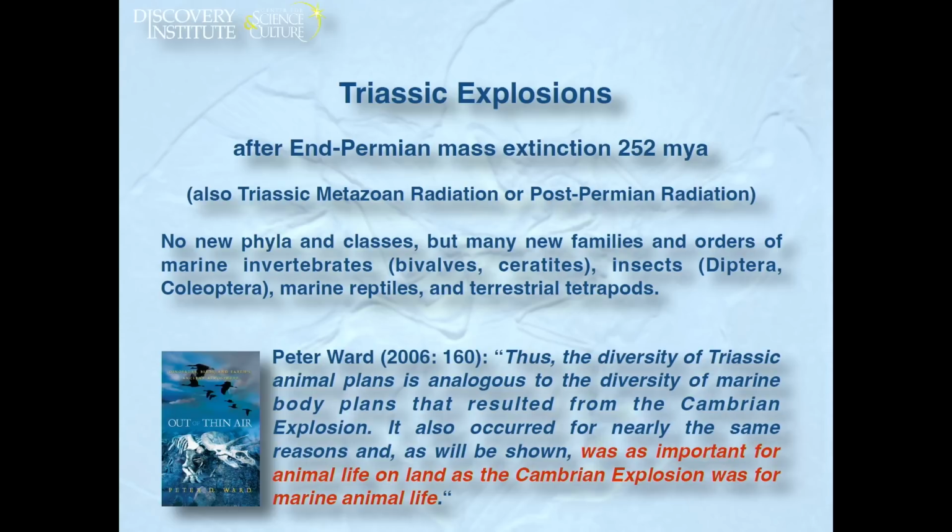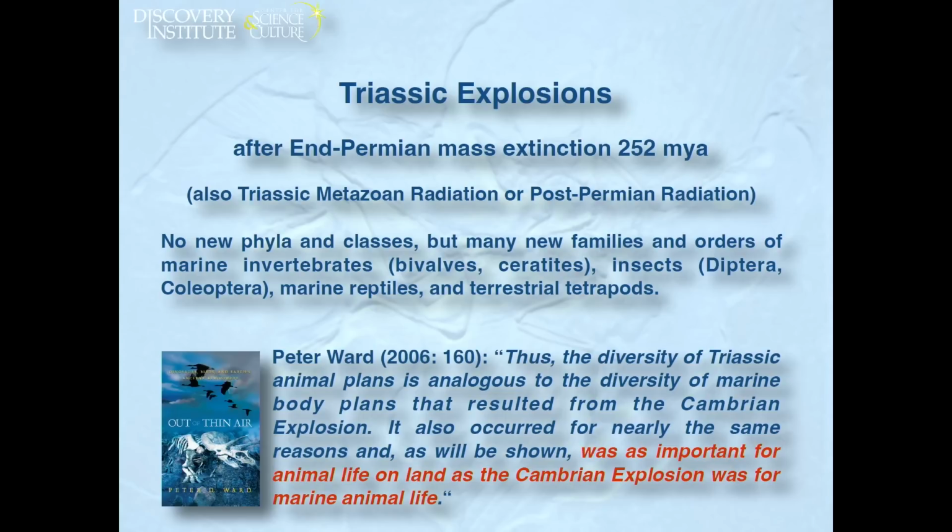He wrote a book which has a suspicious title, Out of Thin Air. What could he mean by this? He said the diversity of Triassic animal and plant body plans is analogous to the diversity of marine body plans that resulted from the Cambrian explosion. It was as important for life on land as the Cambrian explosion was for marine animal life. Same pattern again.